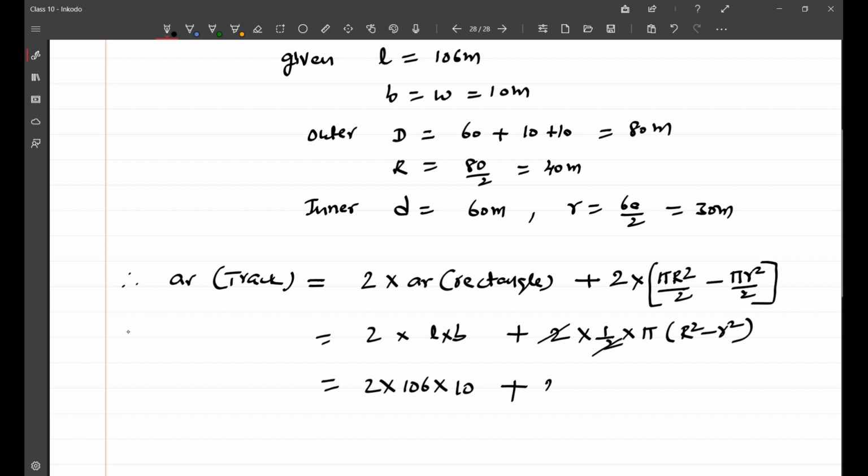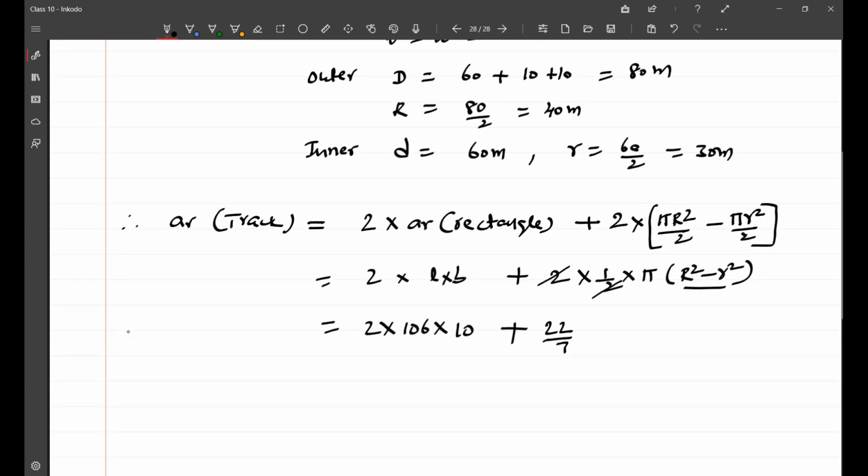Pi value is 22 by 7. Here we can apply the a square minus b square formula. A square minus b square equals a plus b multiply a minus b. According to that, we can write R plus r multiply outer radius minus inner radius.